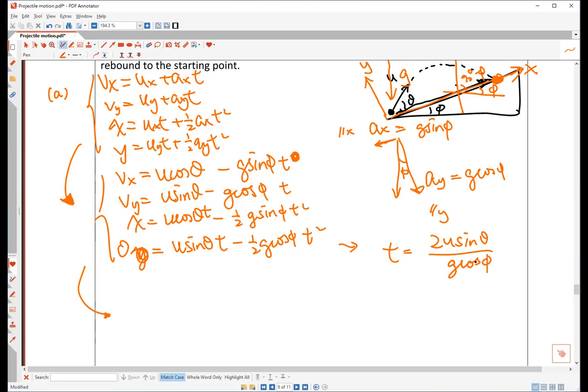If you want to find the range, then you substitute the time into x. Then you can solve for the range. It's so complicated. I will simplify it a little bit later, after I substitute into the equation.